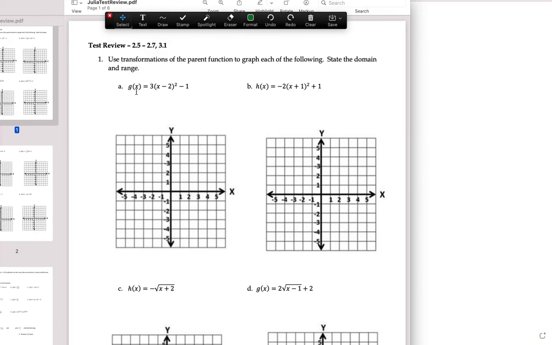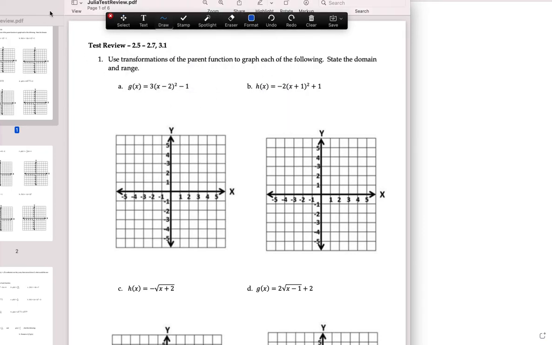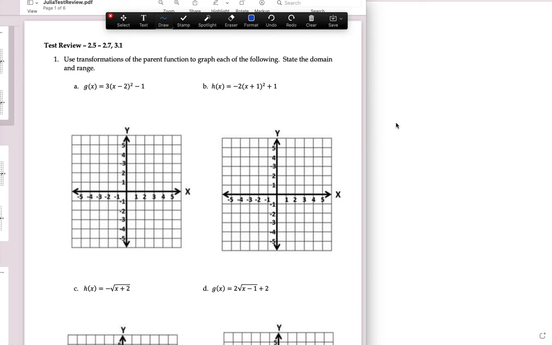Okay, so I'm not going to do every question, but I'll pick and choose questions to discuss with you. I'll pick for you, and if you get it, just say, I get it, move on. Okay? So I'm going to skip A and go with the h of x function.